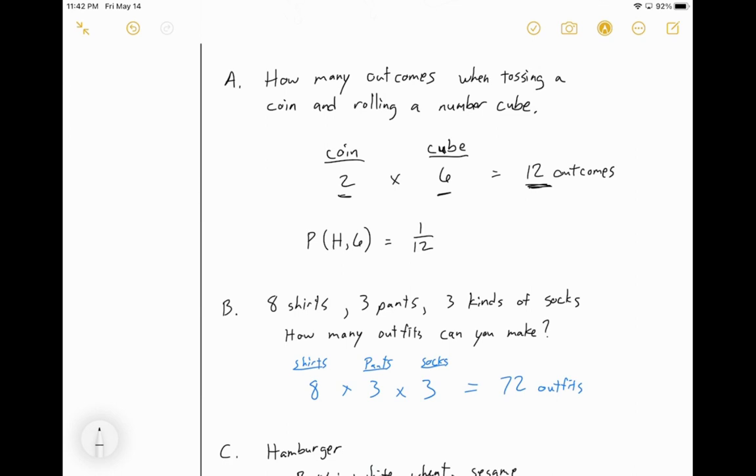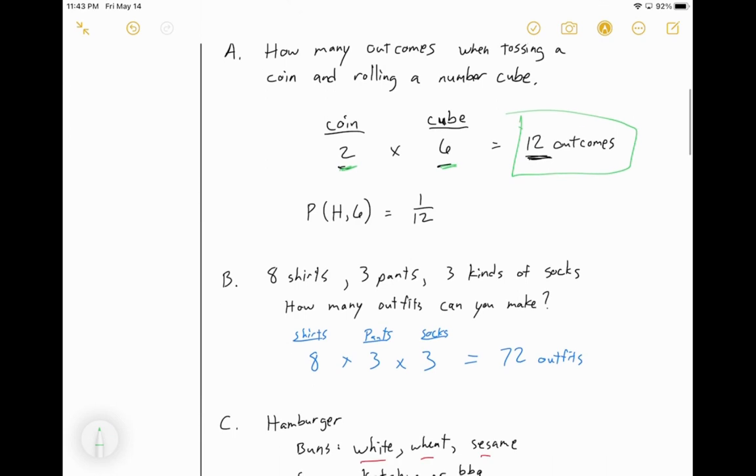So 2 times 6 gives me my 12 outcomes, right? Our second example, if I've got 8 shirts and 3 pants and 3 socks, I can just multiply those to get my 72 different outfits. So that's the fundamental counting principle. It helps us to understand how many outcomes are possible.